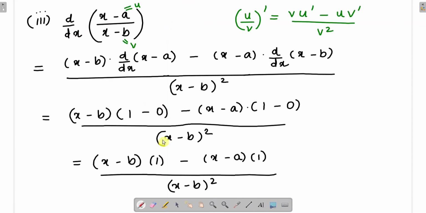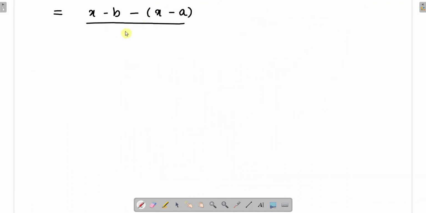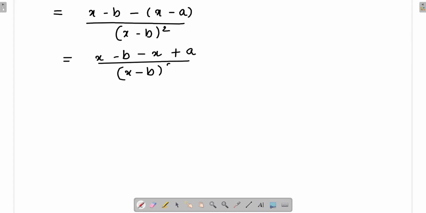Divided by x minus b the whole square. So this will be equal to what? x minus b. Now we can open the bracket by multiplying this minus sign to the terms. So minus x, minus of minus a is plus a, and that is divided by x minus b the whole square.